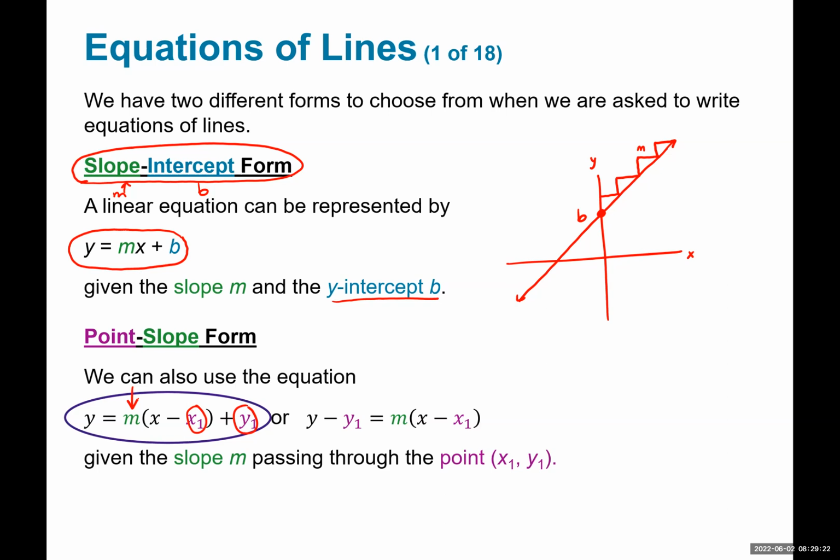We're going to talk more about that in a minute, but in point slope, we just need any point on this line. So it could be this point. And then we need the slope. So we choose 2 points and figure out how to get from there to there. Point, x, y, slope. Changing y over changing x. Okay, let's do it.